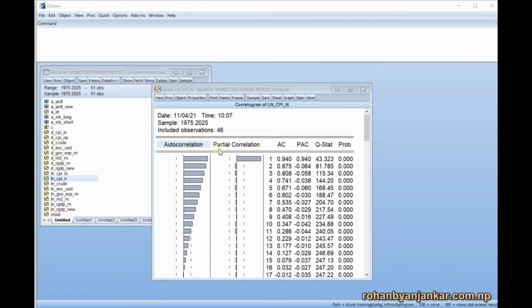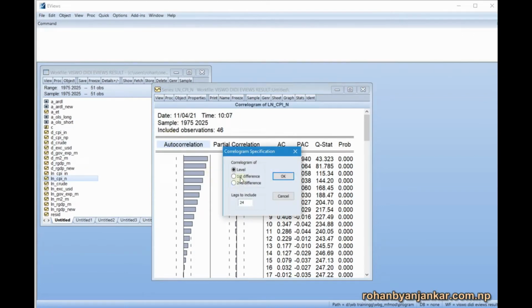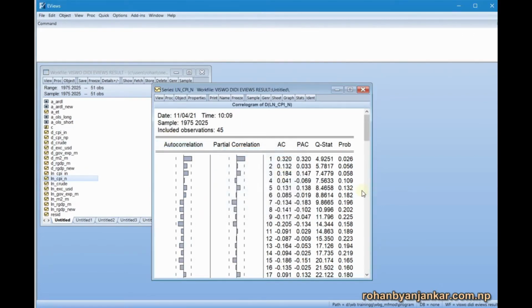From this point we have obtained a clue that if we take the first difference of this series of CPIN or CPI Nepal, then we will get a stationary series. So now let's go to View, click on Correlogram, and check its first difference.